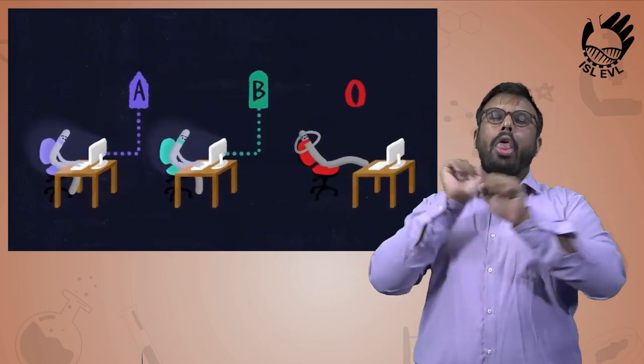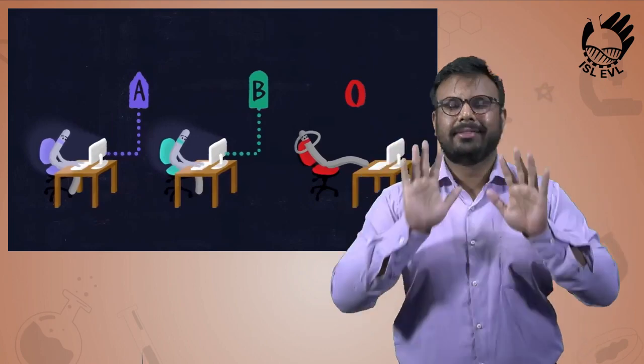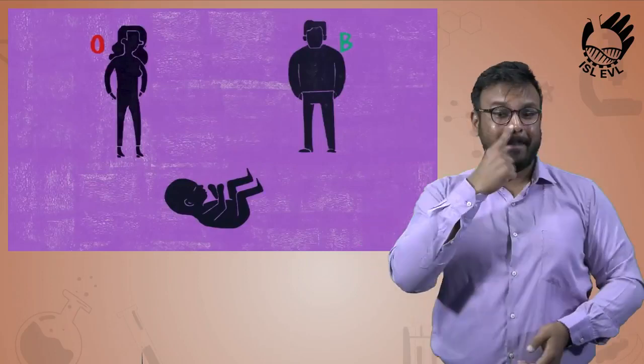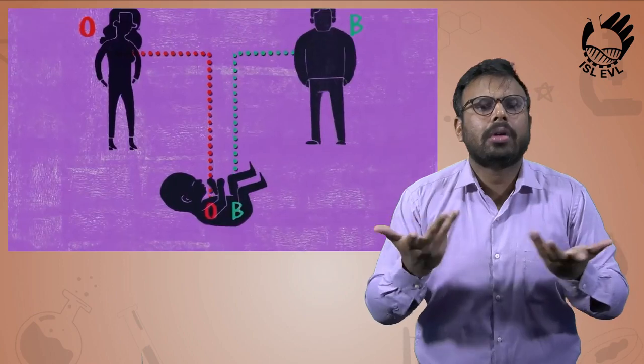The O allele codes for neither. As human beings inherit one copy of each gene from each parent, every individual has two alleles determining the blood type. For blood types A and B, alleles are both dominant, while O is recessive.